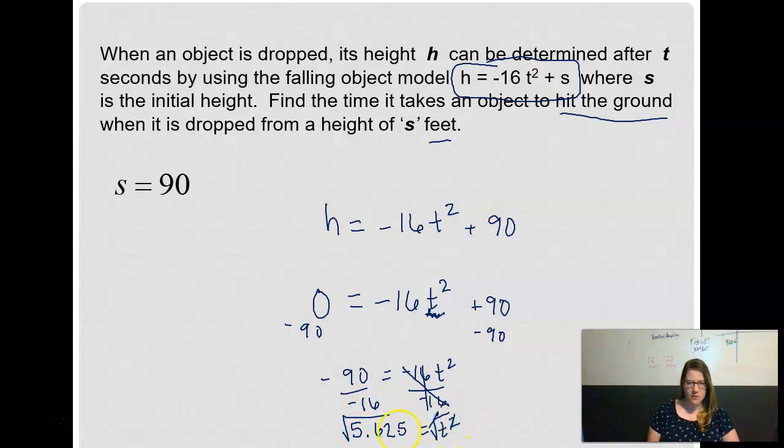When I take the square root of both sides, I'm going to get the square root of 5.625, which is 2.37. I'm rounding off to 2 decimal places. Now we know it could be positive or negative 2.37, but because in the context of our problem, time is passing, we know it's going to be a positive number. We're just going to look at the positive answer here. So it would be 2.37 seconds.